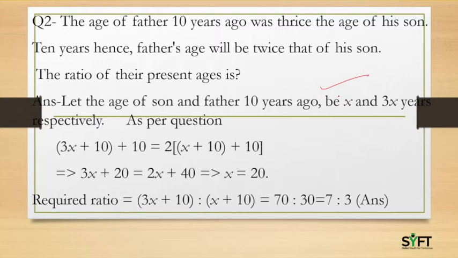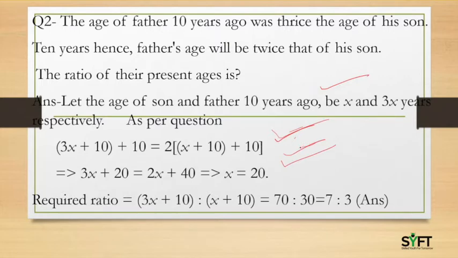And given 10 years hence, that means after 10 years, the father's age will be twice that of his son. That means 3x plus 10 present age plus 10, after, is equal to twice, 2 times x plus 10 plus 10. This you can derive and simplify. This implies 3x plus 20 is equal to 2x plus 40. That implies x is equal to 20.